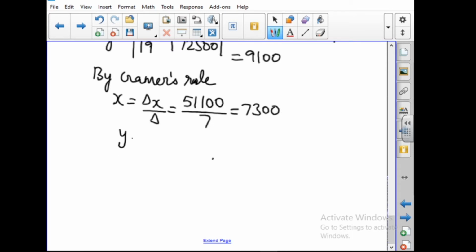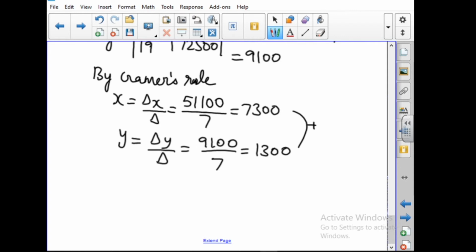Next, y is equal to delta y by delta. Delta y is 9100 divided by 7, equal to 1300. When you add these two, it becomes 8,600. So be clear, when you add these two amounts, we have to get the total amount.